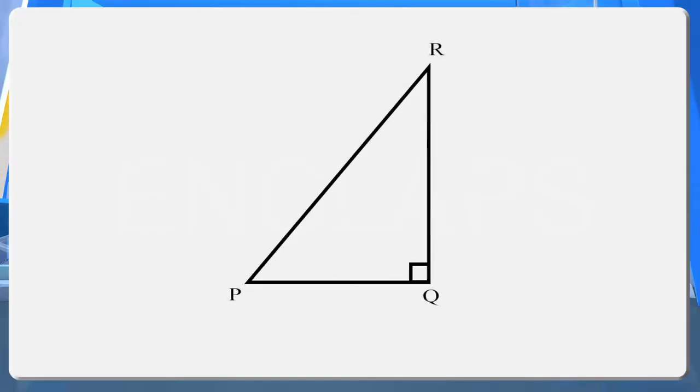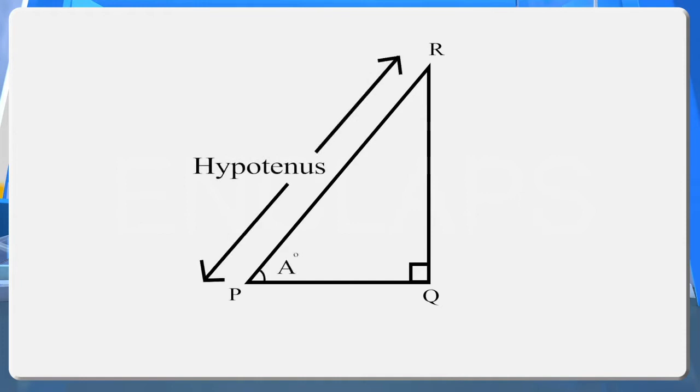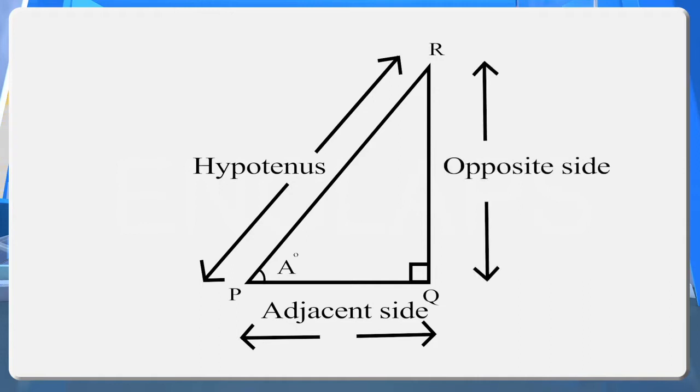When you are given a right triangle, how do you mark the hypotenuse? Yes, the side opposite to the 90-degree angle is the hypotenuse. And by relating to an angle, we name the other two sides as adjacent side and opposite side as shown in the figure. Here, A is the angle and therefore PQ is the adjacent side and QR is the opposite side. Now you know how to name the sides.